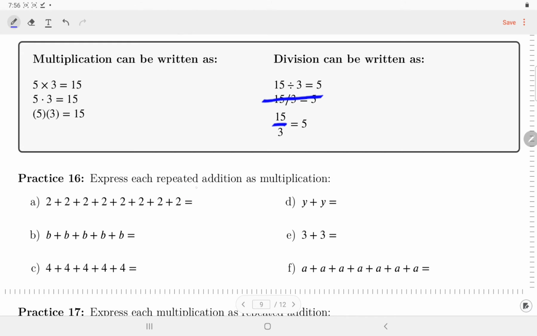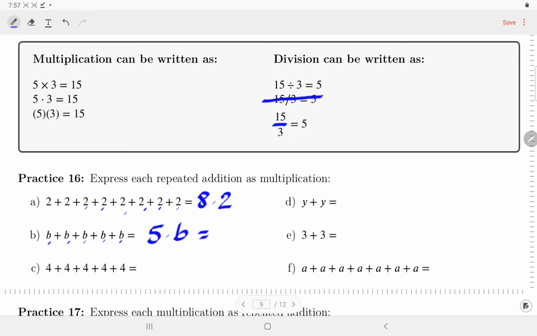Let's express each repeated addition as multiplication. 1, 2, 3, 4, 5, 6, 7, 8. 8 times 2. For B, we have 1, 2, 3, 4, 5. 5 times b.